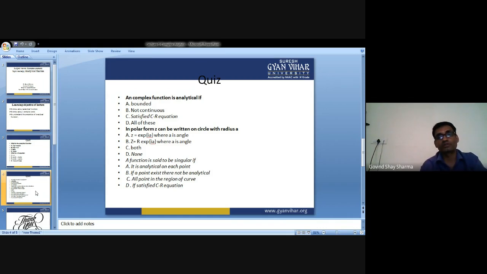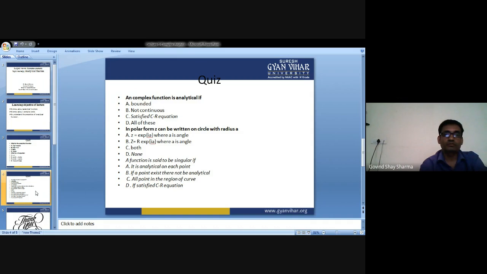If the question said it is continuous, differentiable, and satisfies the CR equation, then all three would be right. But here he discussed a bounded function, so we should go with option C, satisfies the CR equation.